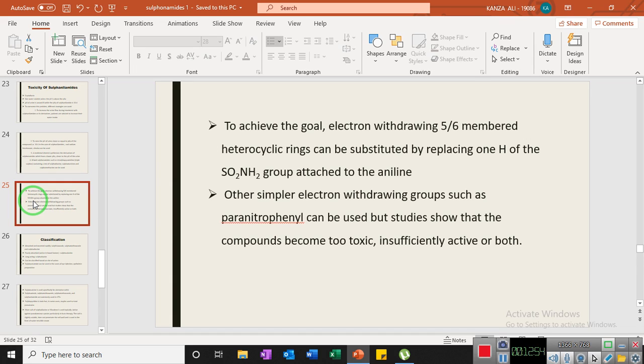And hence, after observing thousands of derivatives, we have finally found that the substitution of a 5 or 6-membered heterocyclic ring will be the most suitable substituent for this purpose.